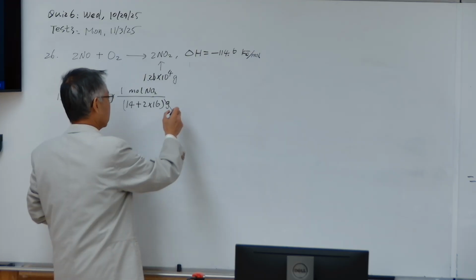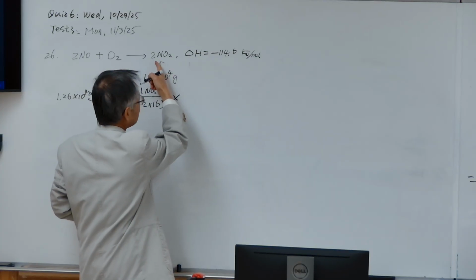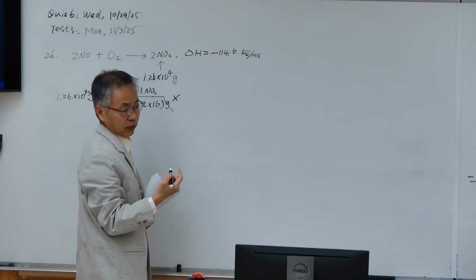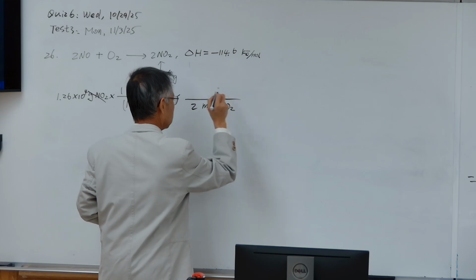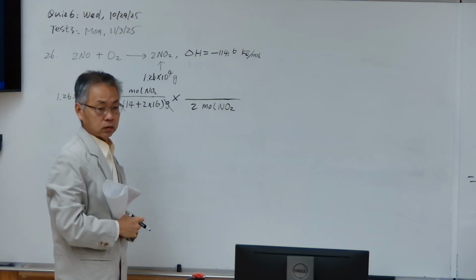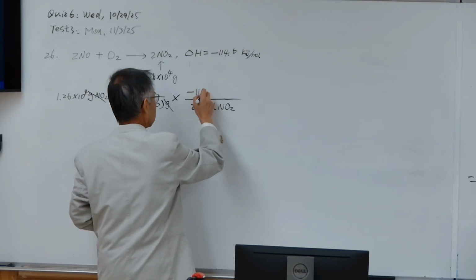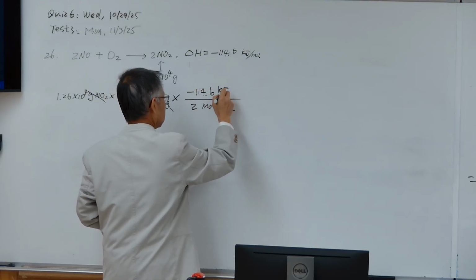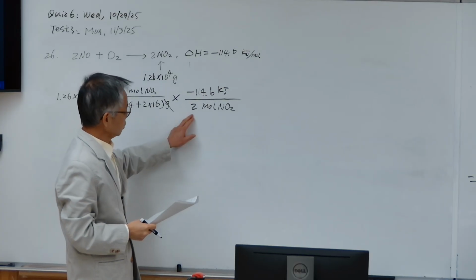Then every 2 moles of NO2 gives off this amount of heat. Why is this 2 in the denominator?